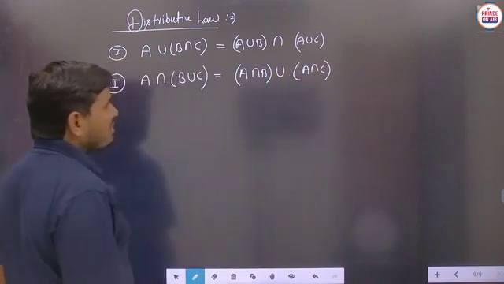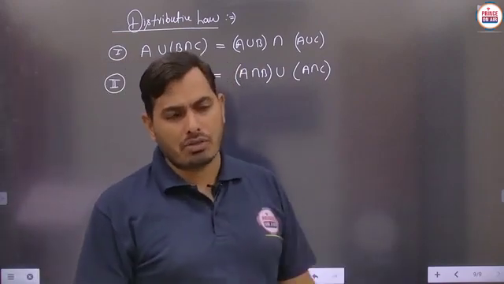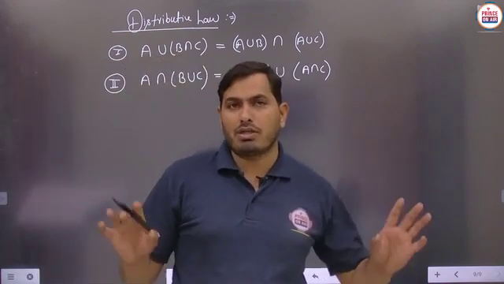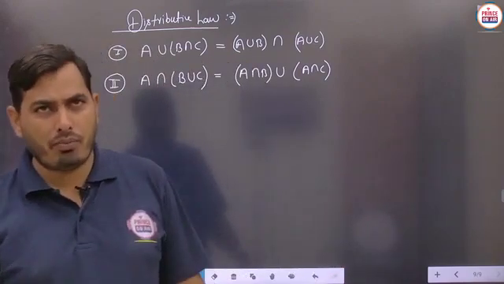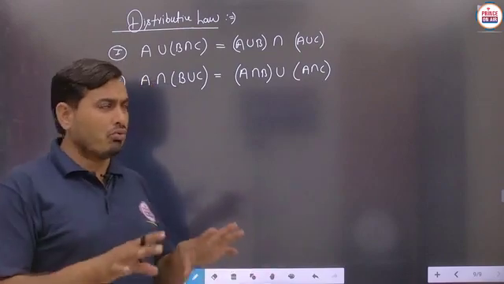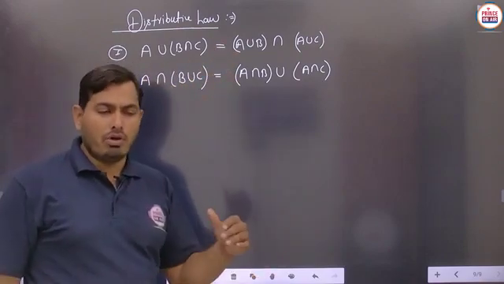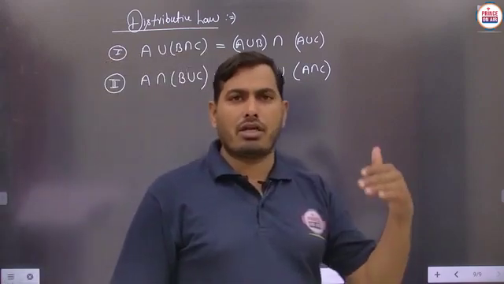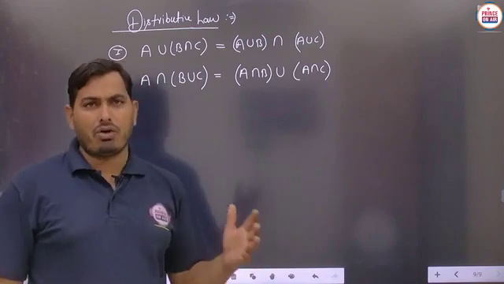Now these results are very important in any proving type of questions. Suppose sometimes we have to prove some results, then definitely, students, these types of distributive laws are very important. So we have to know both the distributive laws, because this distributive law is a composition of union and intersection both. Otherwise the operation will not be distributed anywhere.